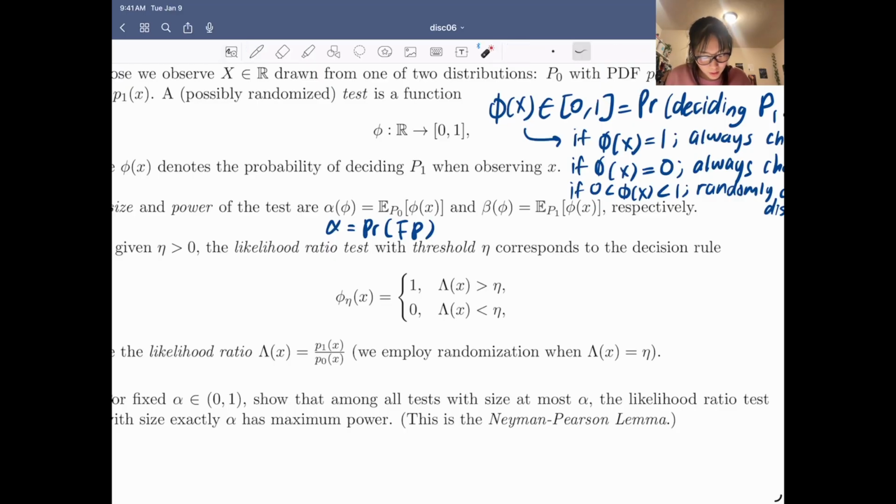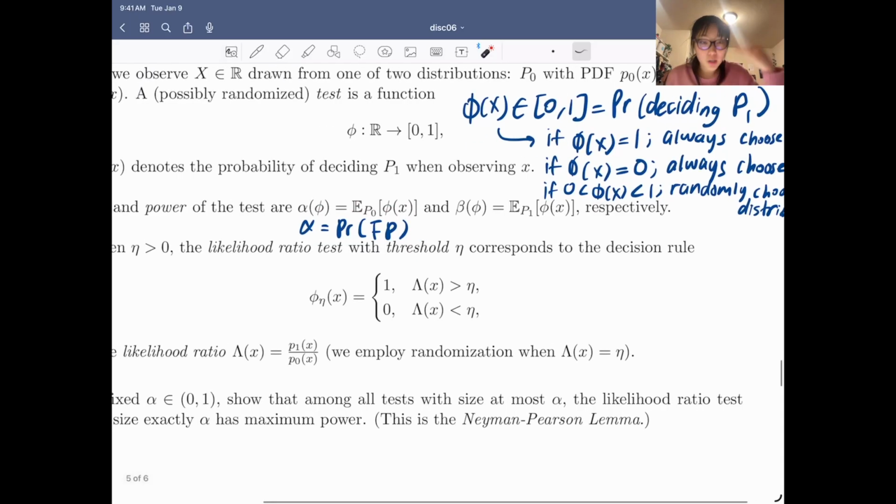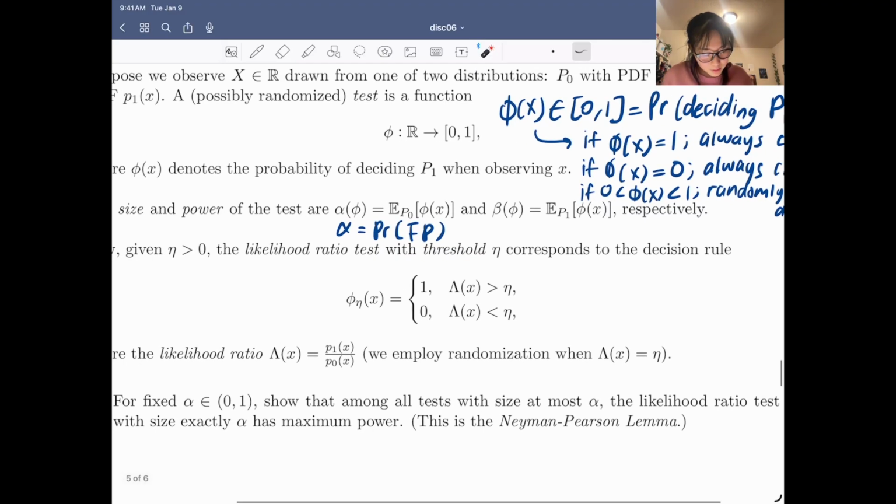The reason is, if the actual distribution is P0, but phi is the probability of deciding P1, then it's the expectation of the probability of deciding P1 given that the original distribution is P0. That's saying we chose P1 even though the original distribution is P0. And so this is why the size is equivalent to the probability of a false positive.